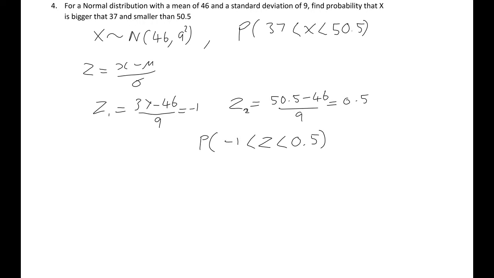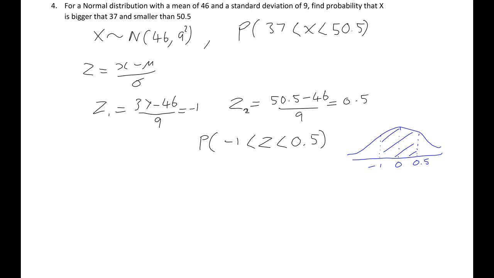Now, I'm going to draw this one quickly, just so that you can all see what we're talking about. We've moved to z, so that's 0. We've got 0.5 here. We've got minus 1 there. Now we want this area.